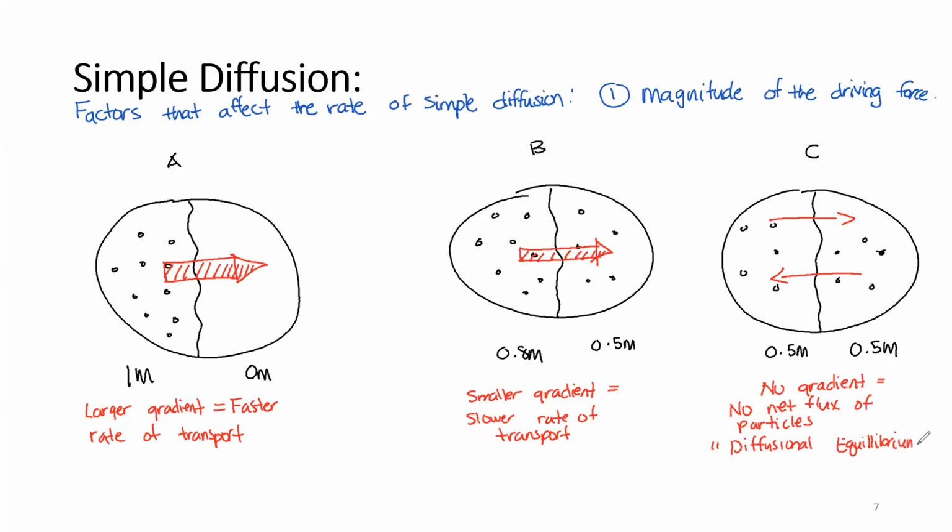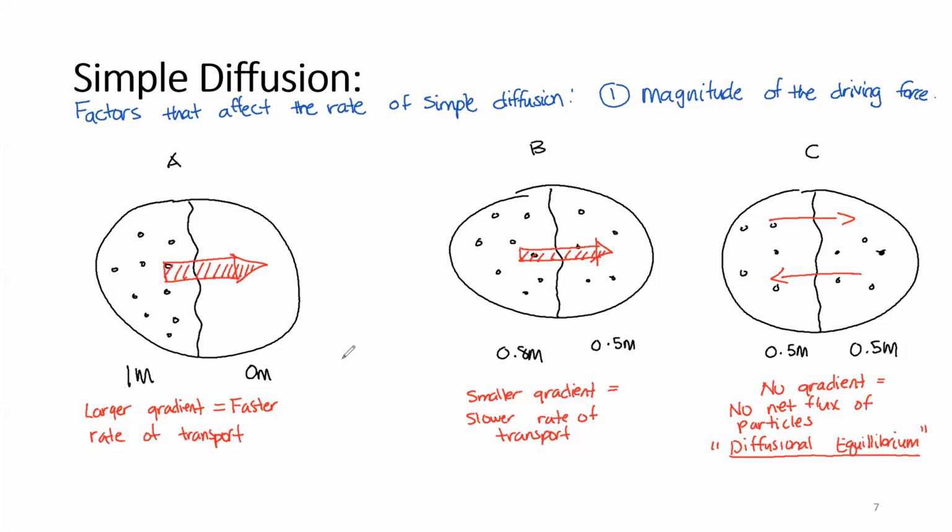Okay, we call this diffusional equilibrium. So although we had one-way movement, there was no net flux of particles from one side to the other. So we can see here as the gradient gets smaller, the strength of the driving force gets smaller, and then the rate of transport gets smaller until there's no net movement or no net flux at all. So we have zero movement essentially, okay?